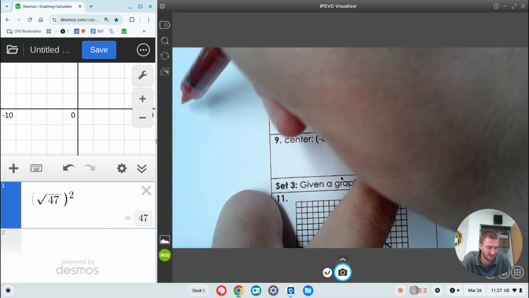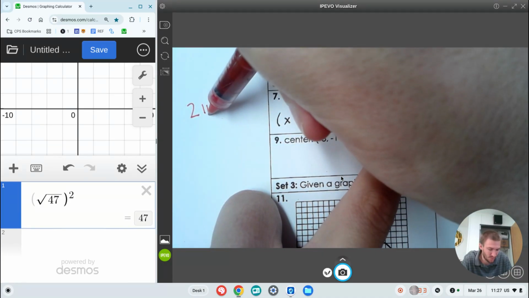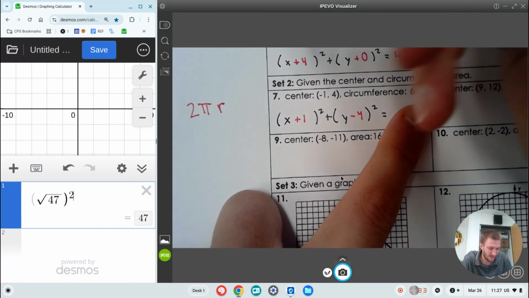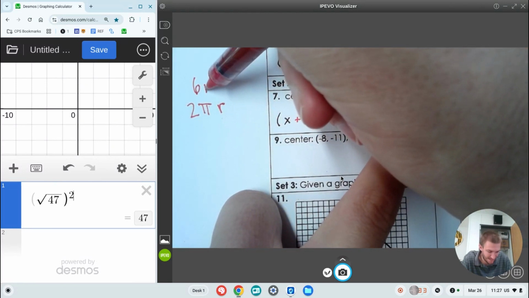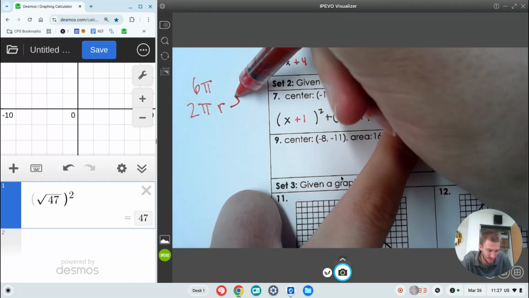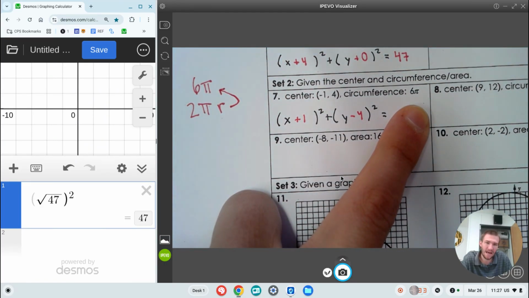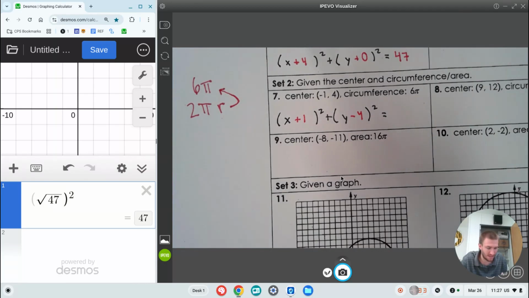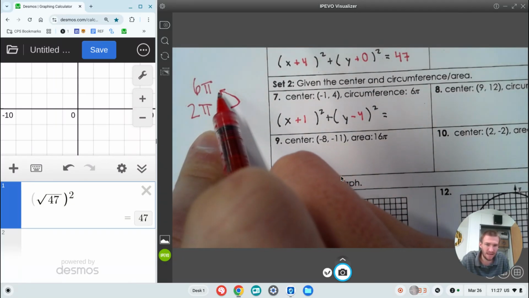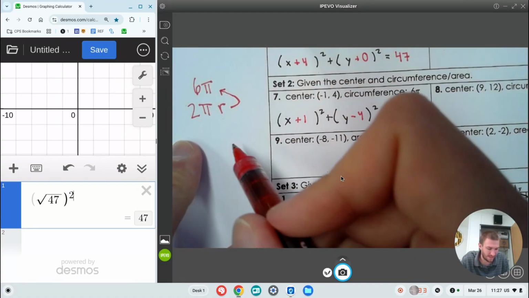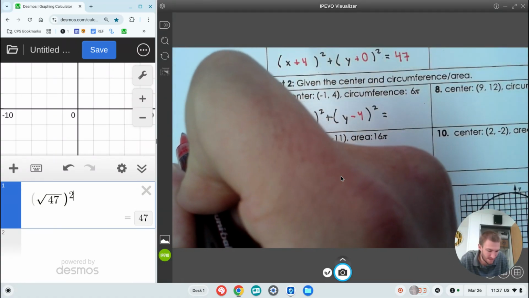The formula for circumference is 2πr. So if my circumference is 6π, what is the r having to be? The trick here is that we can set up a little bit of a formula. Some of us will be able to do this in our head and we already know the answer and we're moving on. If we don't know the answer, then just set it up like this.